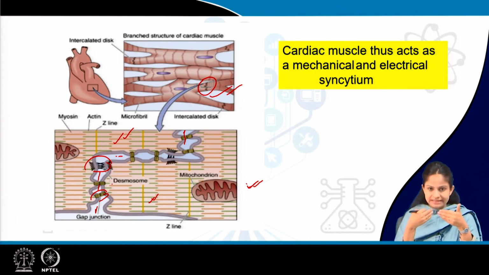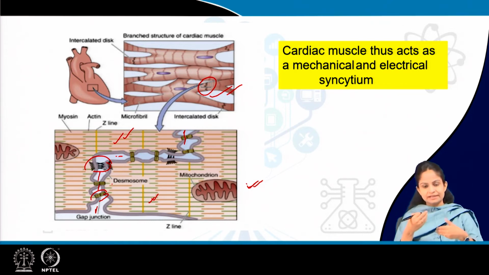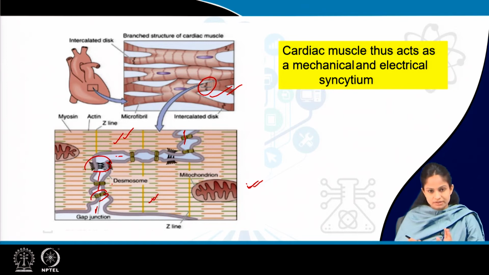In the intercalated disc, what happens? The ends of the adjoining cardiac myocytes are usually joined mechanically by the desmosomes and electrically by the gap junctions. Mechanically so that they will contract as a whole, electrically because the electrical impulse should travel from one cell to another cell.